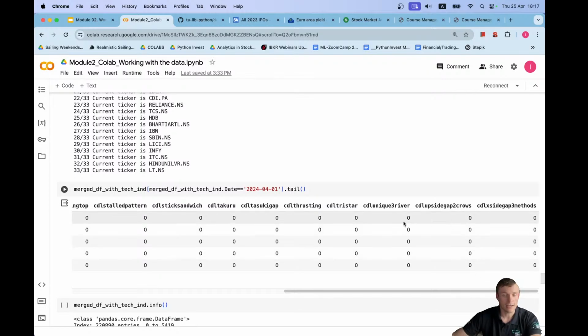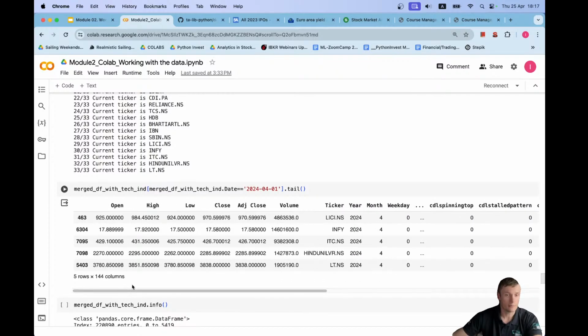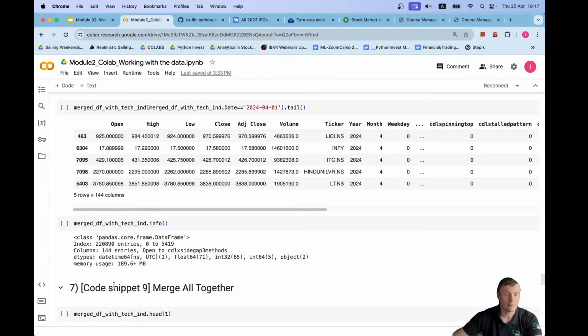They are pattern indicators, that's why you see a lot of zeros. They happen not often, but they may be very important. And what I wanted to highlight here, that we were 25 columns and about 40 megabytes of data. Now we are 144 columns and about 190 megabytes of data.